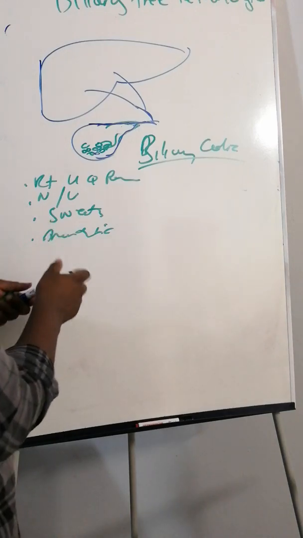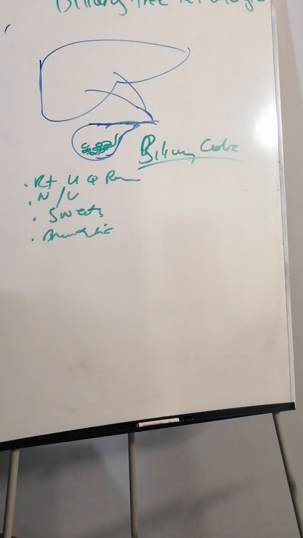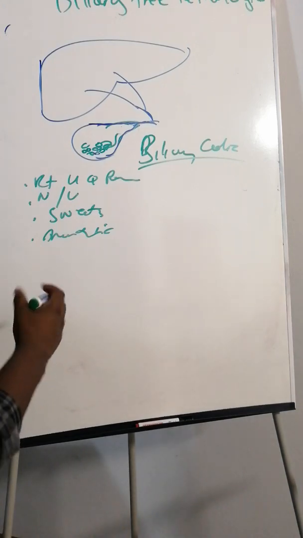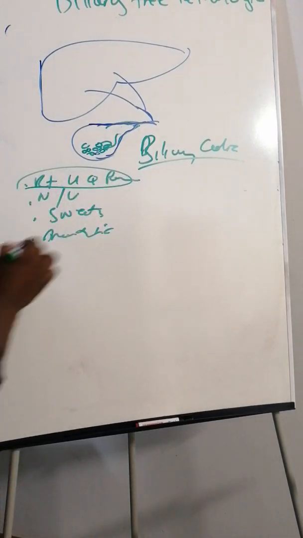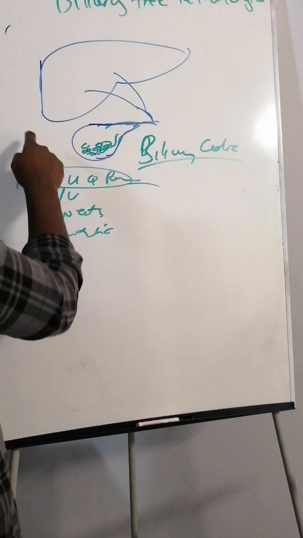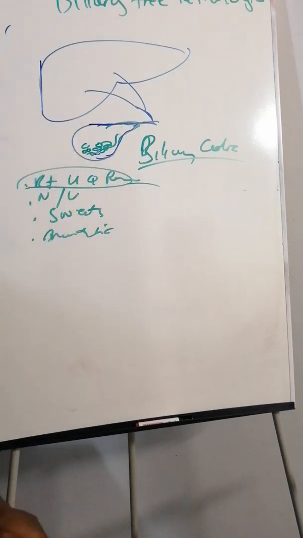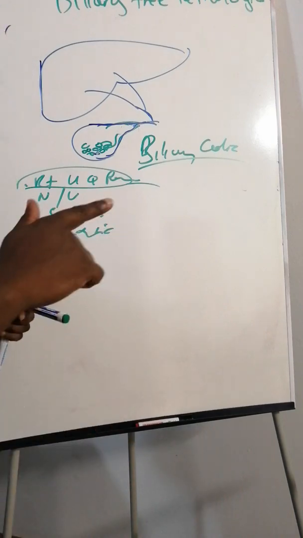That's that. But now if they do actually come to you because of this, remember, right upper quadrant pain has so many differentials, and so many of them are complications of a gallstone. So how do you say that this is just okay, let me explain something.